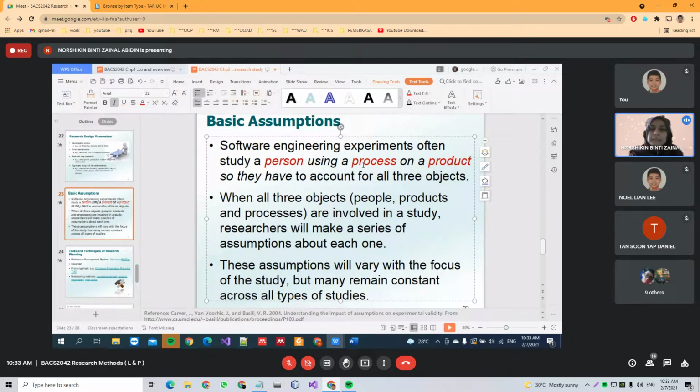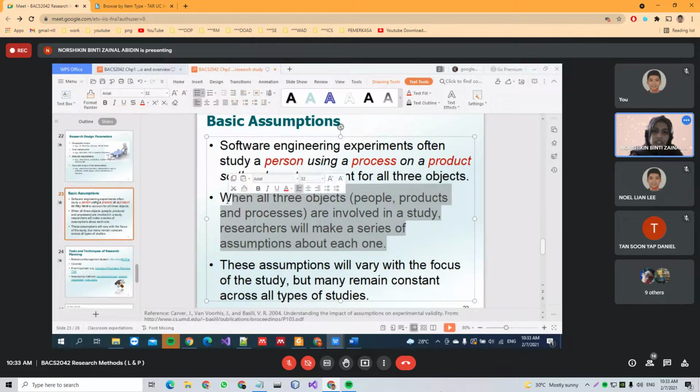The person can be a student, the product can be Facebook, and the process is the time they spend or anything they do with Facebook. Usually we tend to do that kind of experiment in SE, when all three are involved in the study, using a series of assumptions.